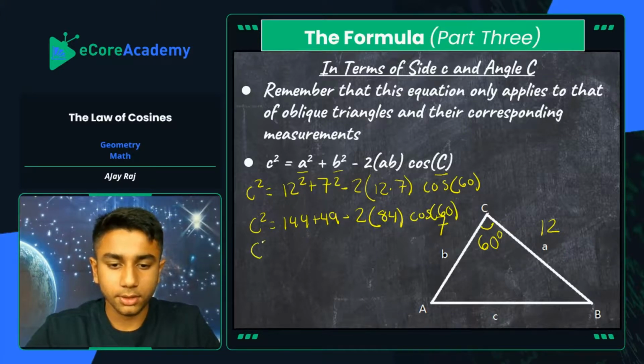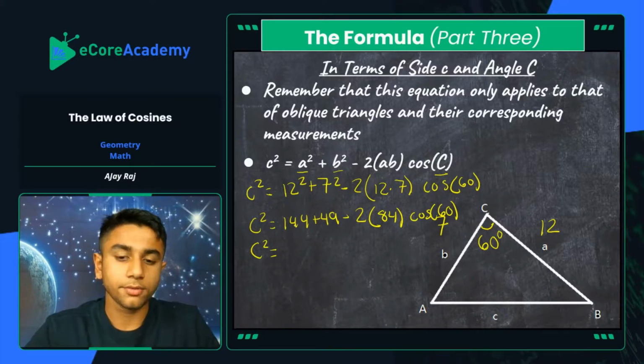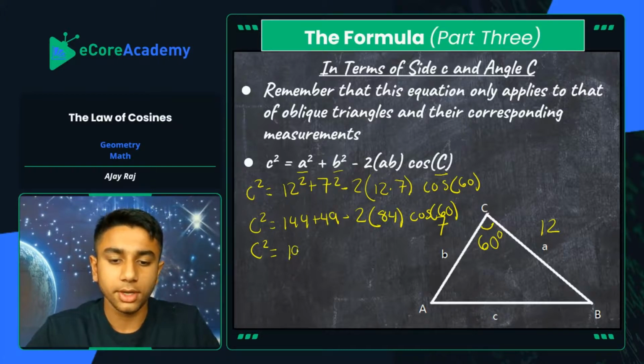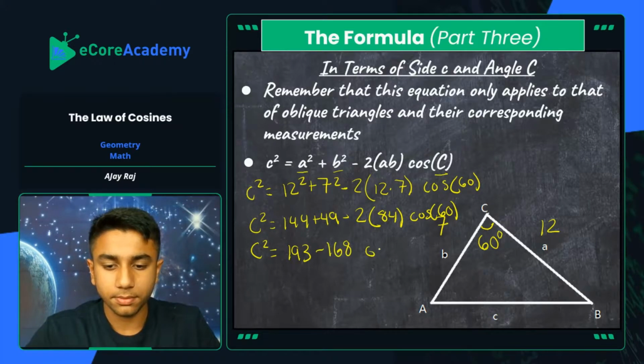And then c squared equals 144 plus 49. So we have 140 plus 40 is 180. 9 plus 4 is 13. 180 plus 13 is 193. 193 minus 2 times 84. So 2 times 80 is 160. 2 times 4 is 8. So it's going to be minus 168 times the cosine of 60.